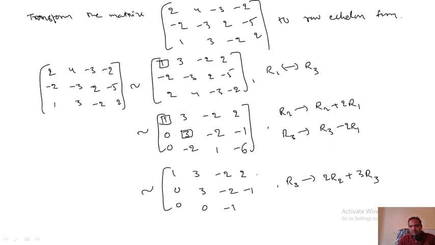Now multiply with 2, but -2, -18, so -20. Now this is the one. R2 is 0 3 -2 -1. Okay, correct. And now this is the 3, this is a -1.